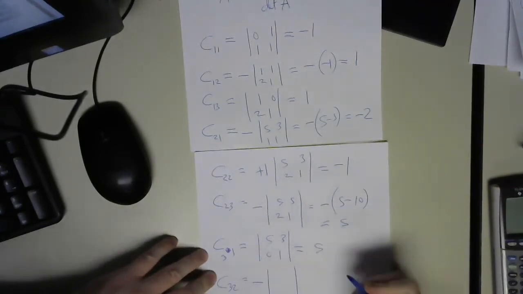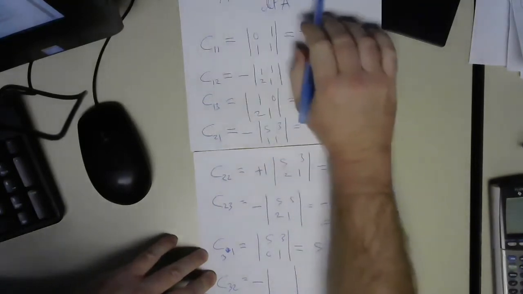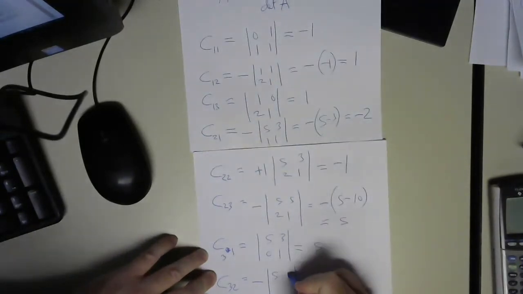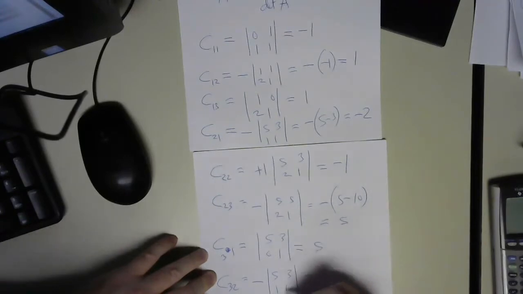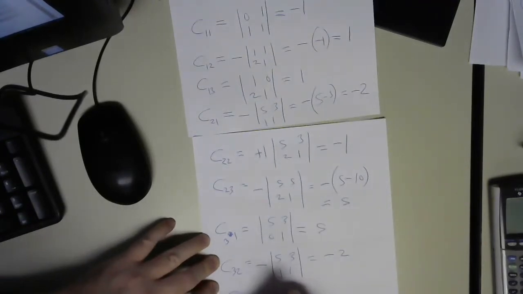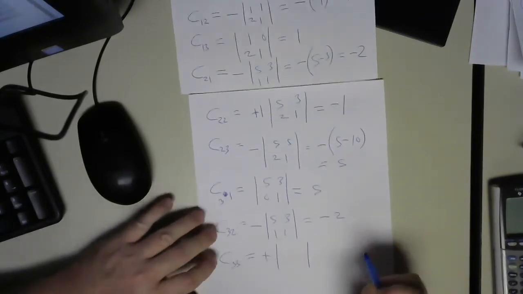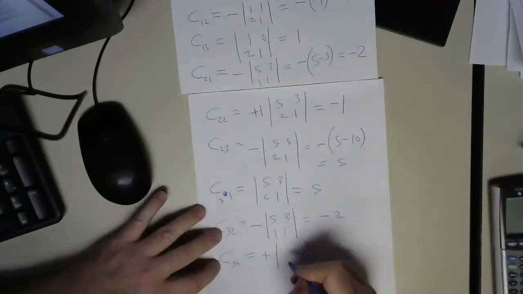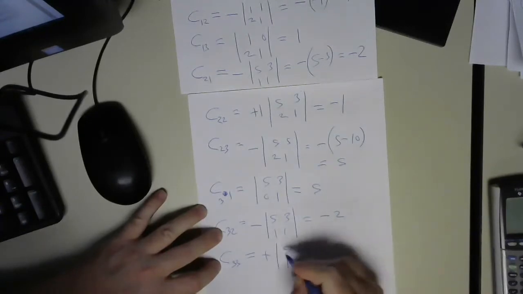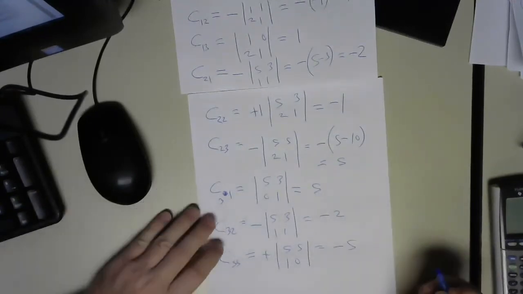All right, that's going to have a minus in front of it, but that would be 5, 3, 1, 1. Okay, and the very last one is going to have a plus, and that's going to be 5, 5, 1, 0. So that's just -5. Okay.